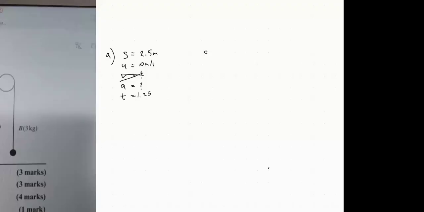So I'm saying it's going to be ut plus 1/2 at squared. And then s is 2.5 meters equals 0 plus 1/2 times acceleration multiplied by 1.25 squared. Okay, so here acceleration is 2 times 2.5, it's 5 divided by 1.25 squared.